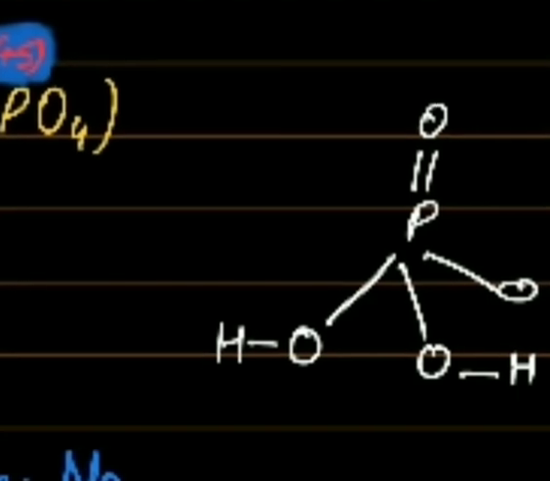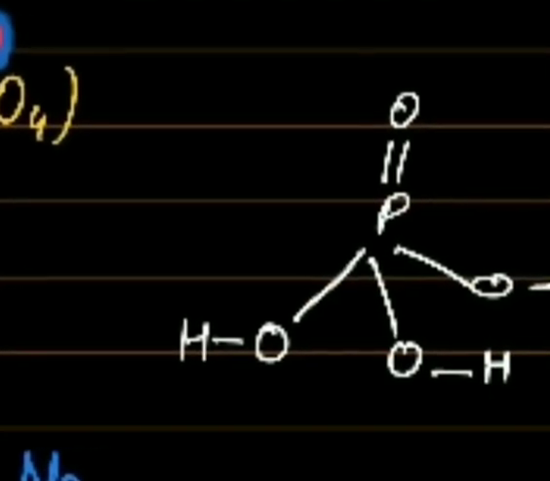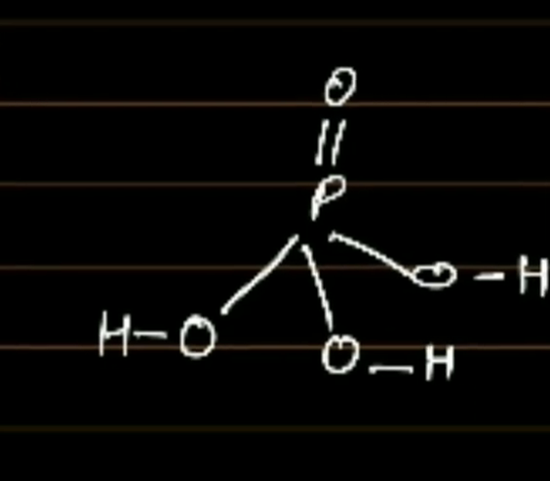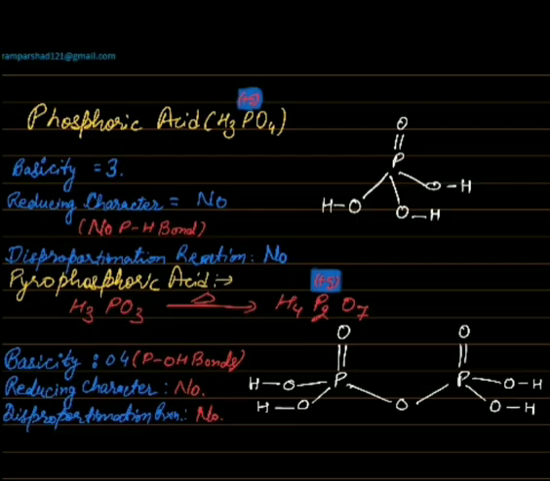That is, phosphorus will make a double bond with the oxygen and a single bond with the OH group. Now we will compare the half structure with the chemical formula, to see how many hydrogen and oxygen we have left to be bonded with the phosphorus atom. So we have come to the conclusion that we have 2 hydrogen and 2 oxygen atoms remaining to be bonded to the phosphorus atom.